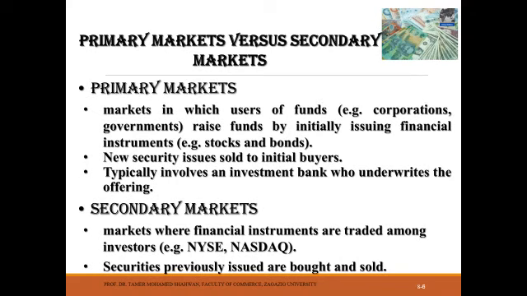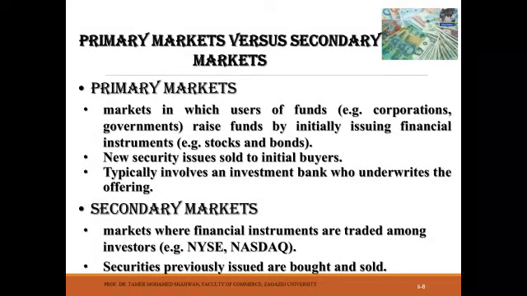The primary market, those are the markets where we are using it for issuing a security for the first time. In primary markets, the user of funds, such as corporation, government, raise funds by initially issuing the financial instruments, issuing it for the first time.